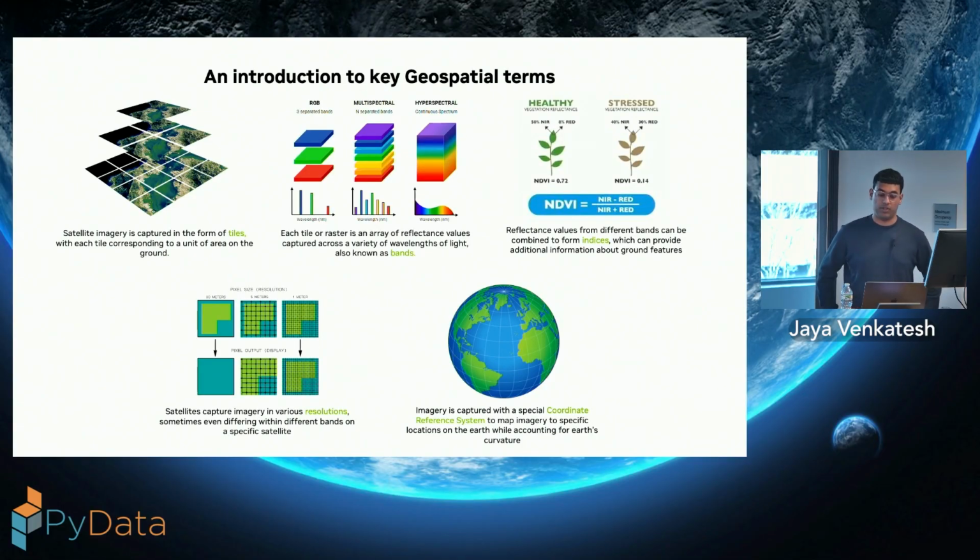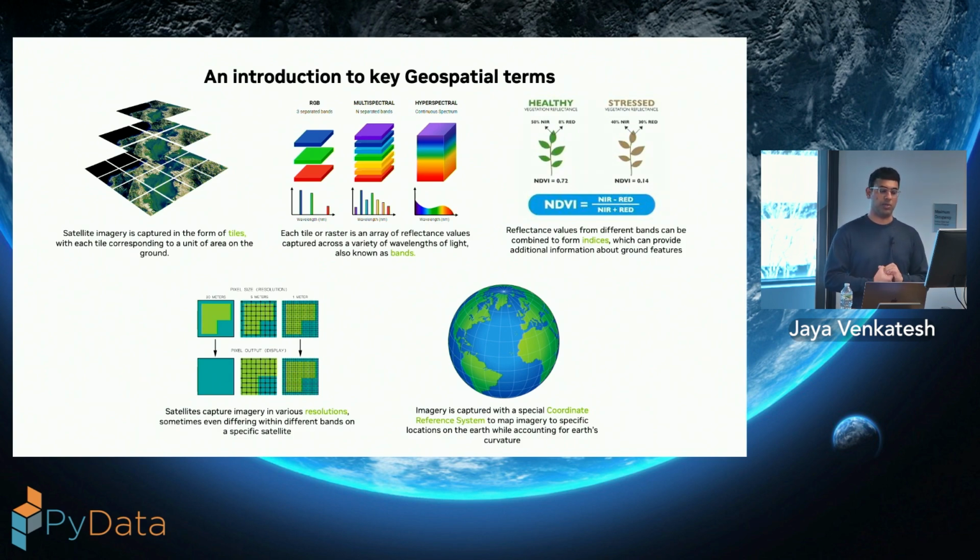For the people who haven't worked on this, just a few key terms in order to understand what this data is and what it looks like. Firstly, satellite imagery is captured in the form of tiles. You can think of a tile as a single image you capture on your phone. Based on the resolution of the satellite, the same area might be divided into multiple tiles.